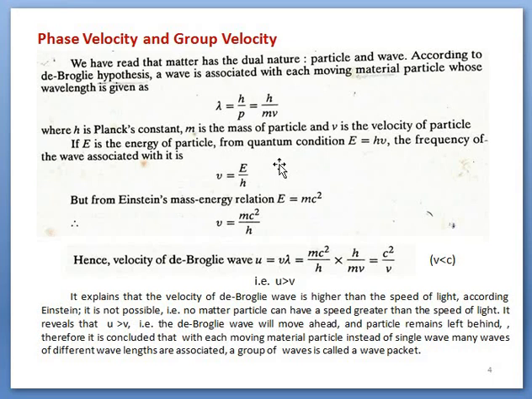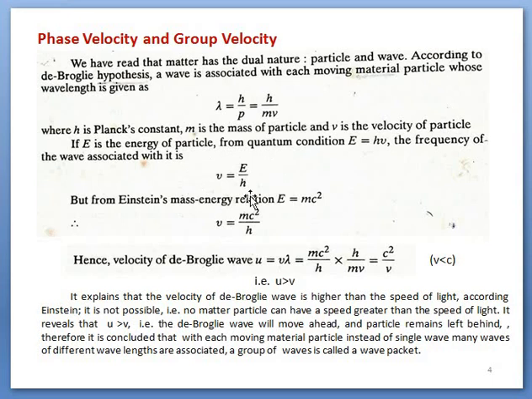Now, taking the wave nature, if a matter wave is associated, then energy is expressed by E equal to h nu, where h is Planck's constant and nu is the frequency, which can be obtained as nu equal to E upon h.